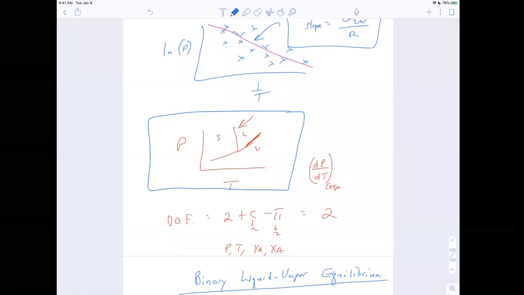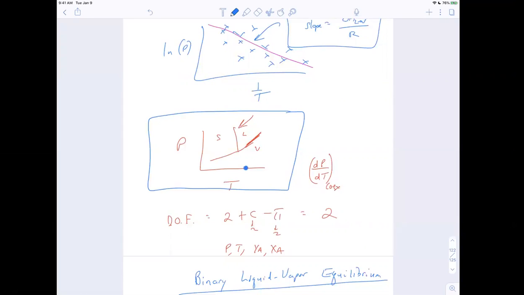In this case, if we picked our temperature to be here for pure A, and we had liquid vapor coexistence, we would move up to the liquid vapor coexistence line and we would read off this pressure. So that's the pressure that pure A would be exerting above that liquid if it were in existence at that temperature T. And so then this becomes the vapor pressure of A at that temperature that we're interested in.